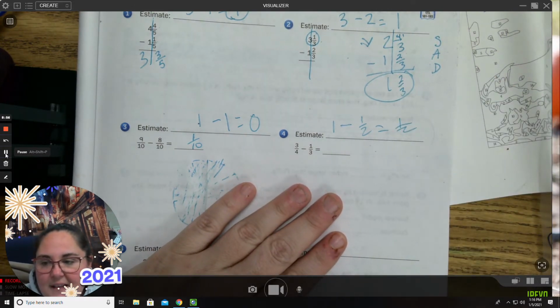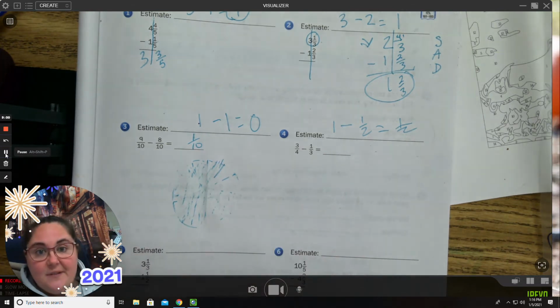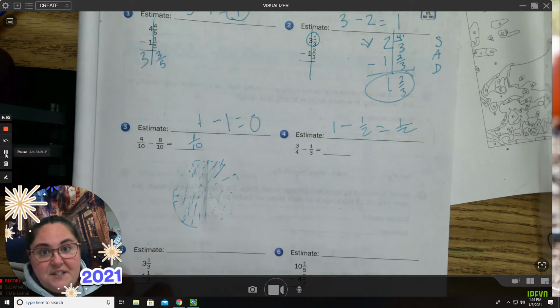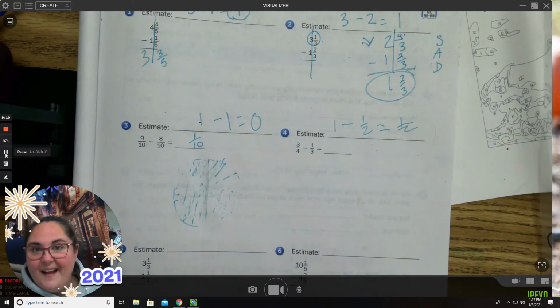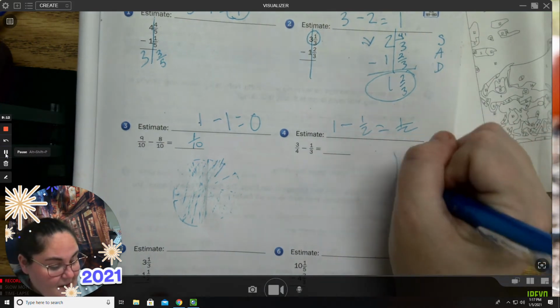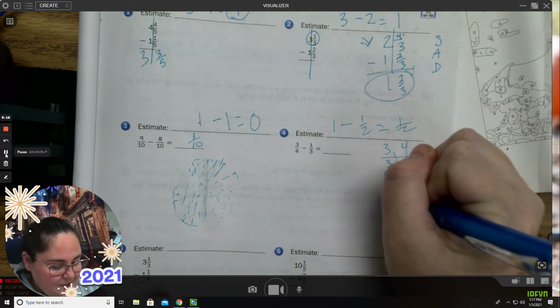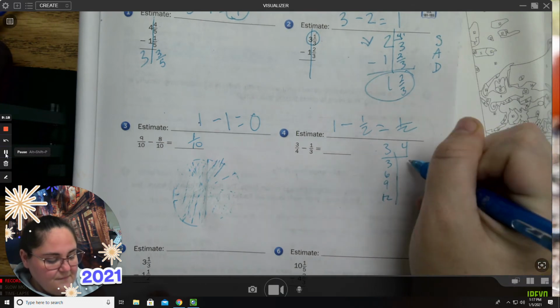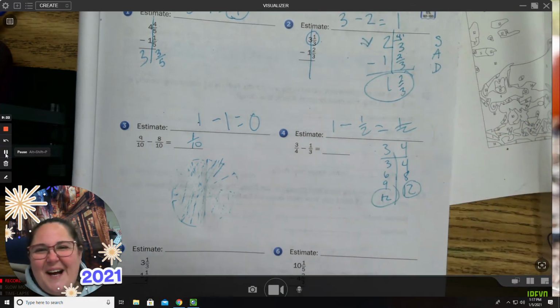All right. I know that I can't subtract this until I find my common denominator. I just can't. It won't work. So what would my common denominator be with a 3 and a 4? All right, I'm going to make my t-chart. 3 and 4. 3, 6, 9, 12. 4, 8, 12. My common denominator will be 12.